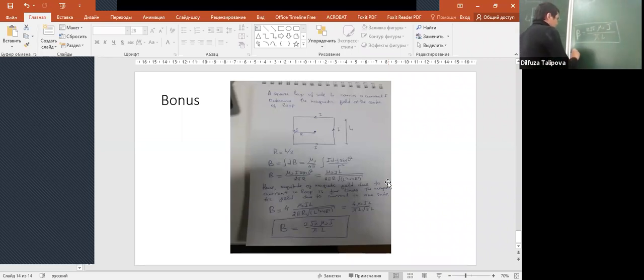So the field is equal to 2 multiplied by square root of 2, mu 0 is 4 pi multiplied by 10 to the negative 7, multiplied by current 10 amps, divided by pi and L. L is equal to 2 meters here. The 2 pi are cancelled. We have only 2 multiplied by square root of 2.